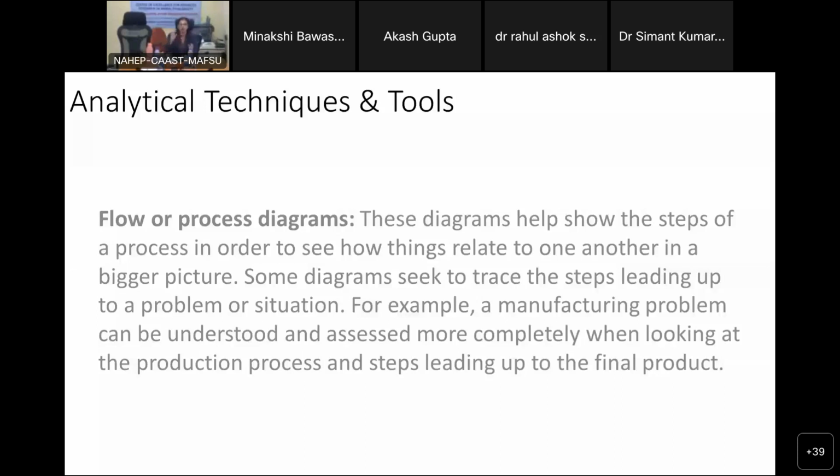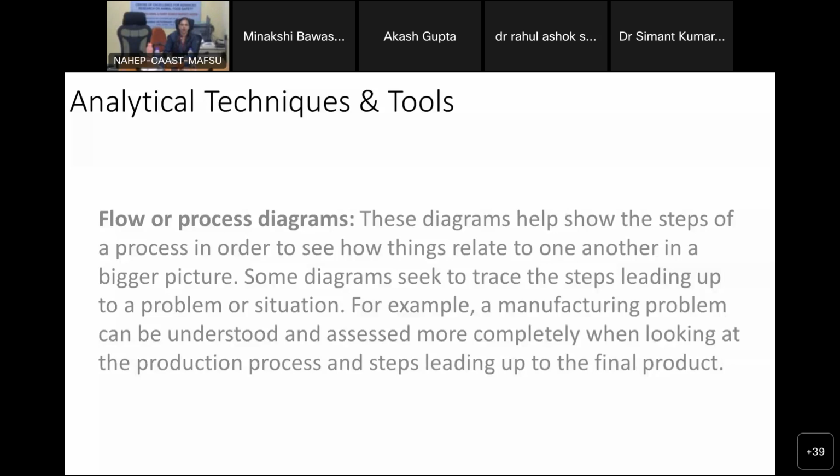So whatever tools I'm going to give you, ultimately they will give you the same kind of steps, like analyzing, evaluating, making assumptions, asking questions and all that, but of course in a slightly different manner, with different processes. Okay, so these are analytical techniques and tools, this flow diagram.